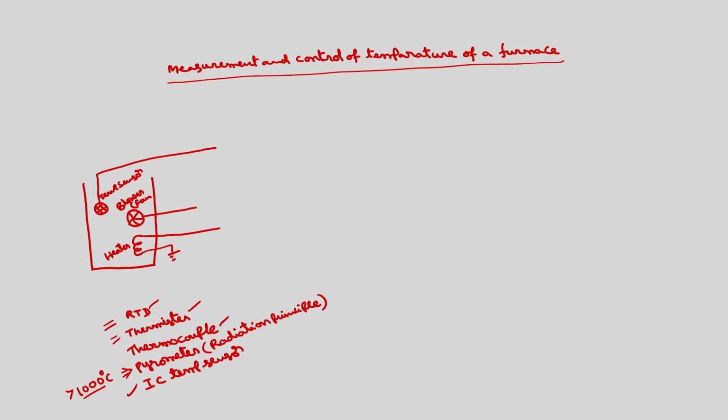Okay. Now again between these three sensors, RTD and thermistor are called passive sensors, and this is active. So the difference between active and passive sensors is, in case of an active sensor, the temperature directly produces the voltage. This is according to the Seebeck effect. This operates on the principle of the Seebeck effect.